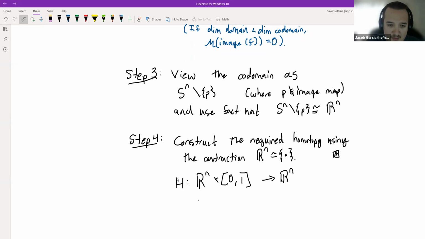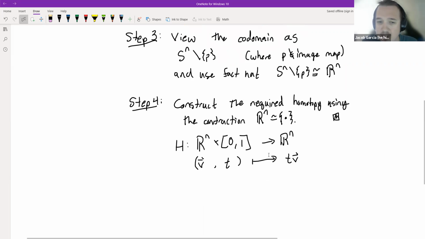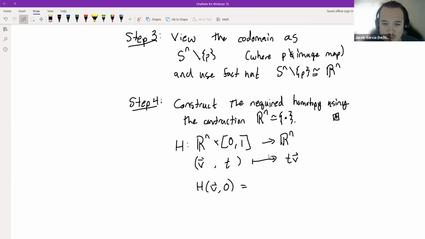Here I have a vector V, and here I have an element T, and so you can just send this to T times V. Then H of (V, 0) is always the origin, and H of (V, 1) is just the identity function on V, right?